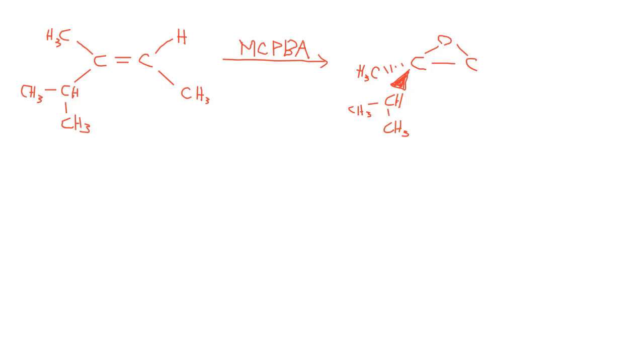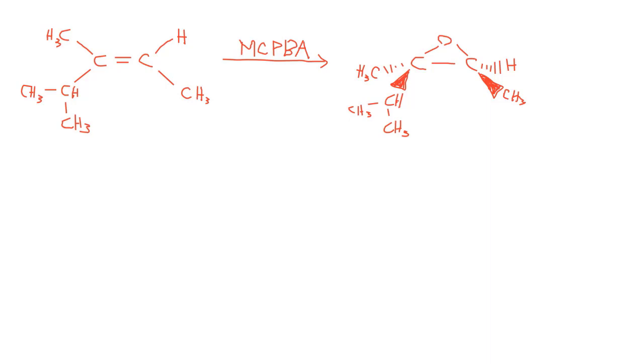And then likewise, on the other side, I have a CH3 coming towards us, and then I have an H group going back away. Can you see how that worked? I just tilted the molecule backwards and then planted the O on top of it.